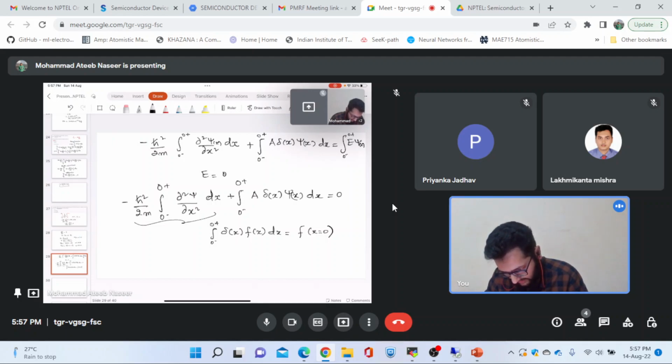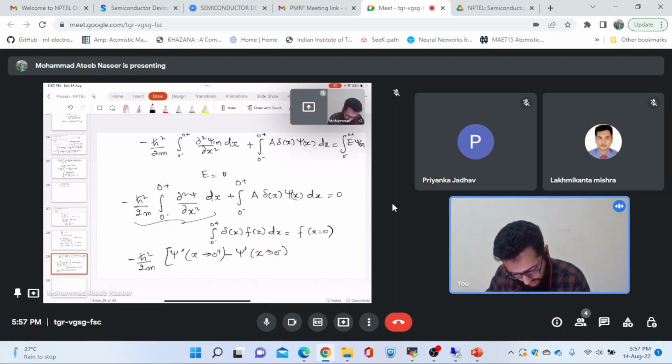It will simply be equal to minus h bar square by 2m times psi dash of x tending to 0 plus minus psi dash of x tending to 0 minus, plus a times psi of x at x equal to 0, and this will be equal to 0.